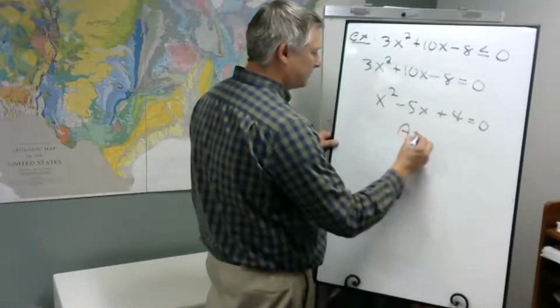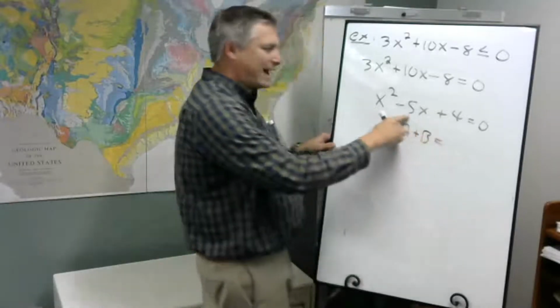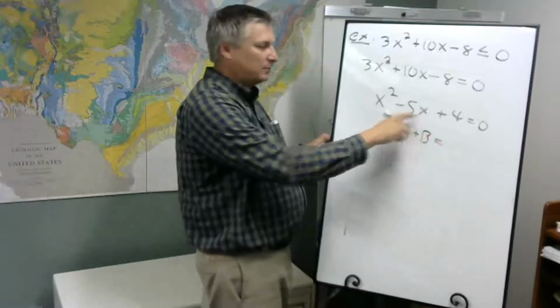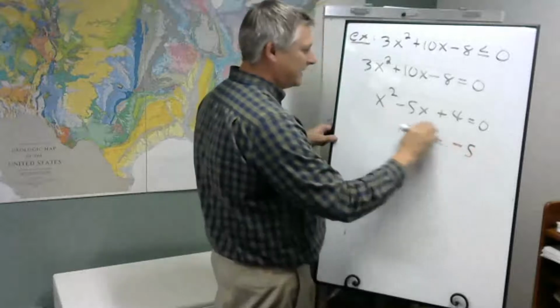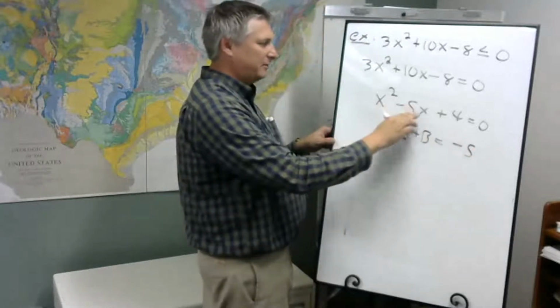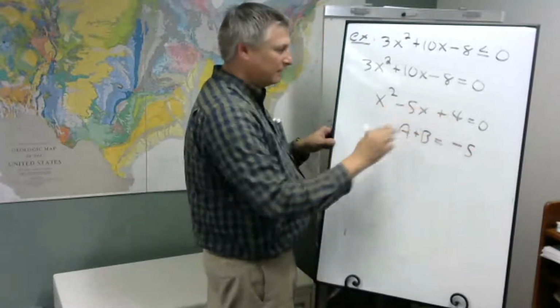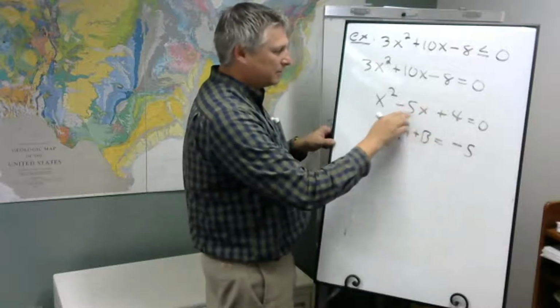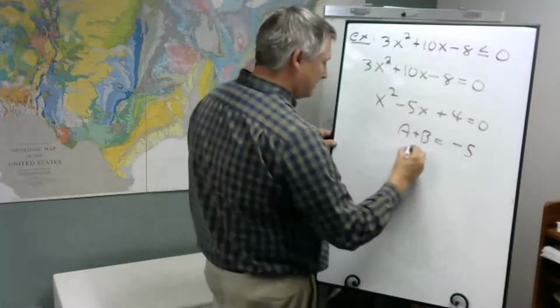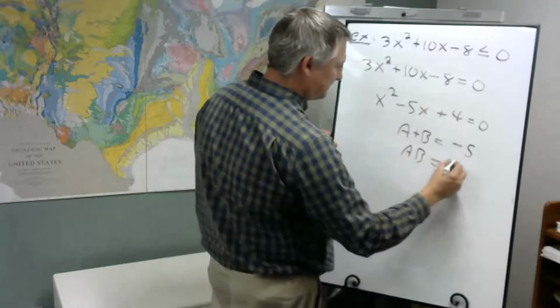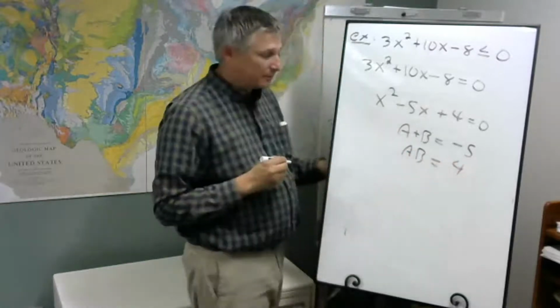We guess 2 numbers. If you put this in standard form, 2nd degree, 1st degree, 0 degree, then you want 2 numbers that add up to the middle term and that multiply to the last term.